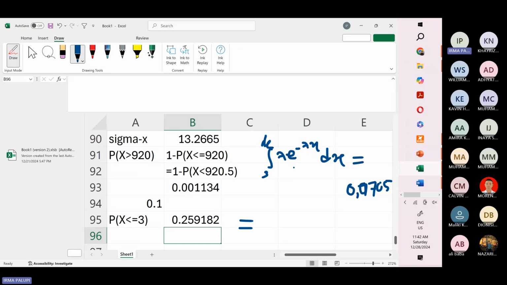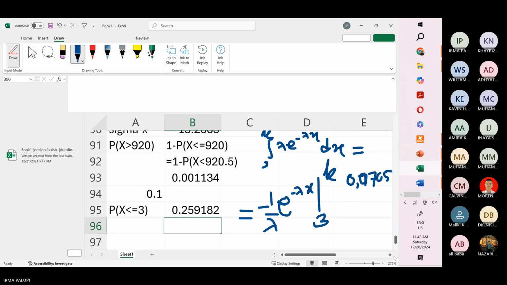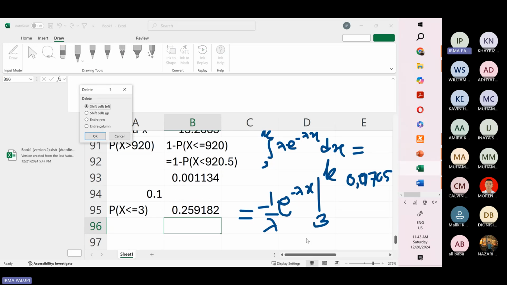Okay, just do this. This is e to the power of minus lambda x. We have a minus here, right? Then this one is the antiderivative of this, right? And this is 3 to k.